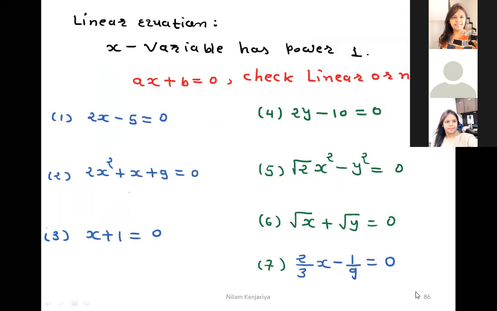So there are some examples on your screen. You tell me which is linear and which is not, and why, with the reason. Not just yes and no, with a reason in both cases. So look and tell me. Ma'am, first is linear. Right, the first is linear. Why is it linear? Right, x has power 1, so it's linear. Good.